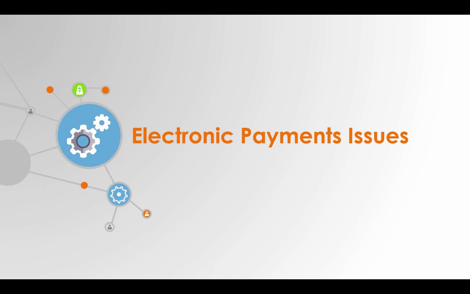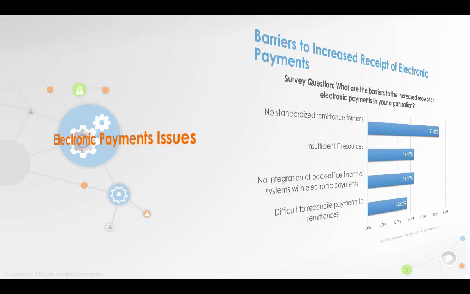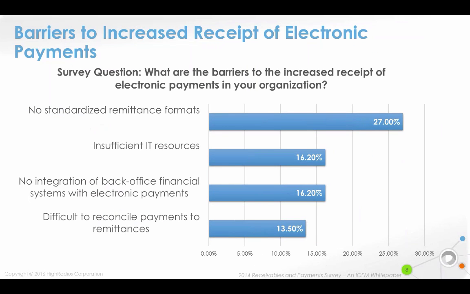So I want to talk a little bit about what are the barriers that companies are facing. What we're finding, and this is actually according to a survey that was done by the Institute of Finance and Management, and they conducted the survey in 2014. The majority of organizations that responded said that actually 27% said that there was no standard remittance format, and this became one of the biggest barriers when they're trying to increase their receipt of electronic payments.